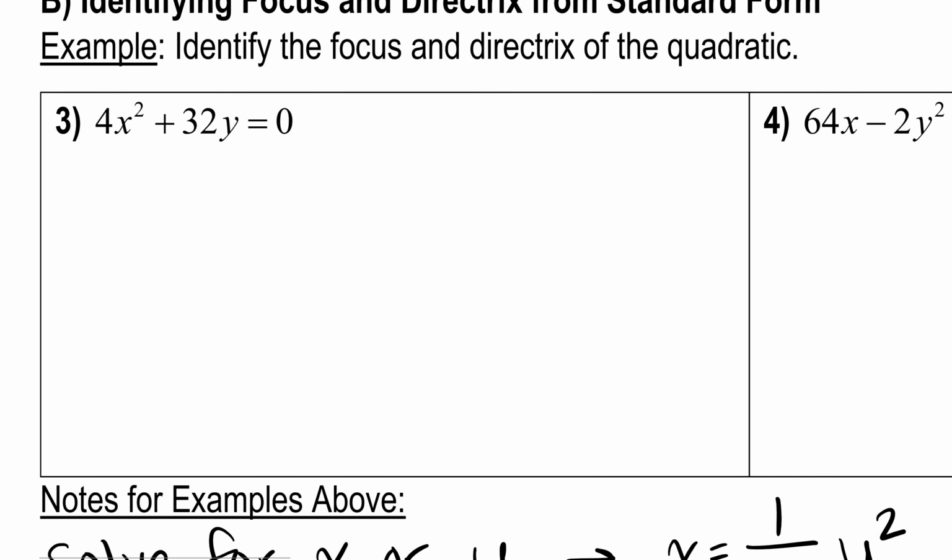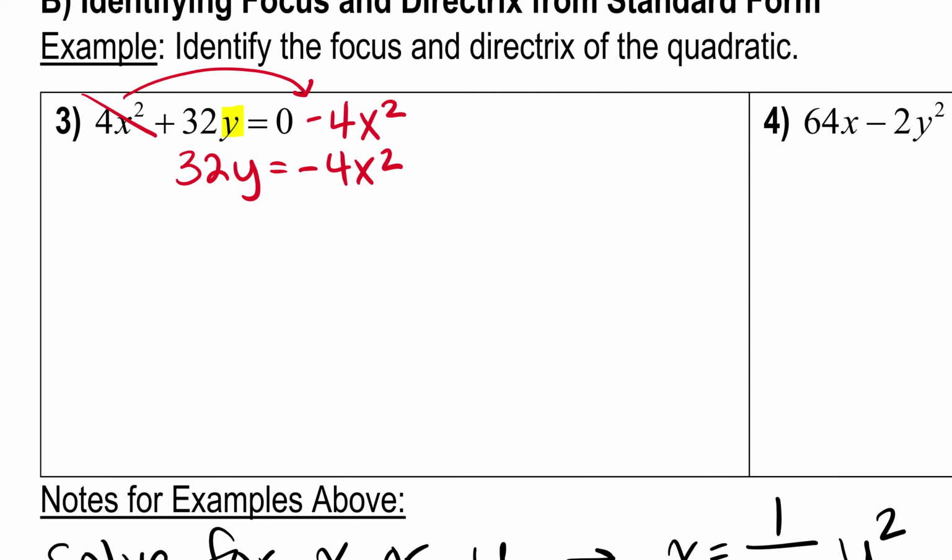So on 3, notice, you want to look for x or y. I have y. That's the one I want to solve for. So to solve for that, I'm going to go ahead and move my 4x squared over here. So if it's positive 4x squared, it's just the same as anything else. It'd be minus 4x squared. So I have 32y equals 0 minus is just negative 4x squared.